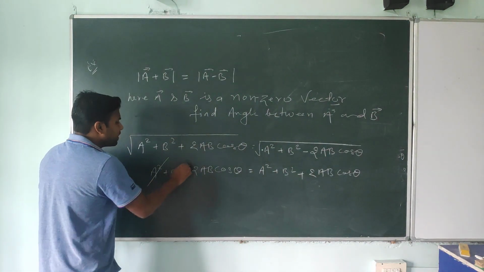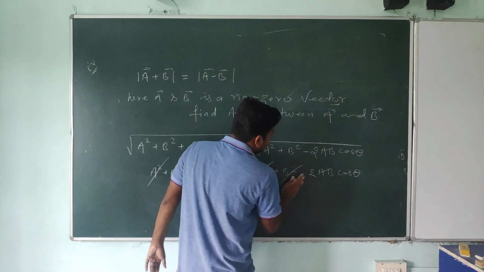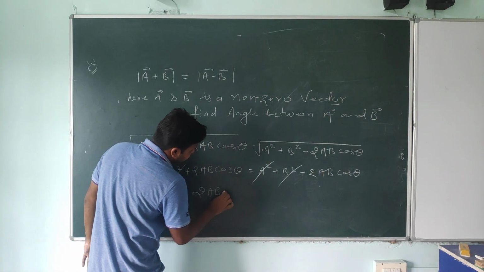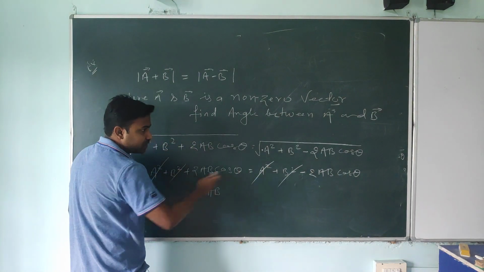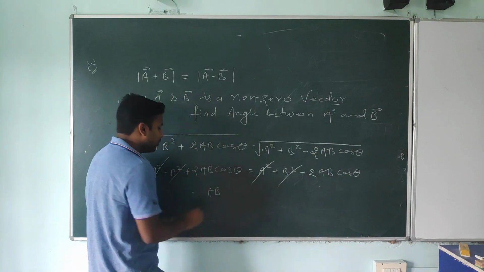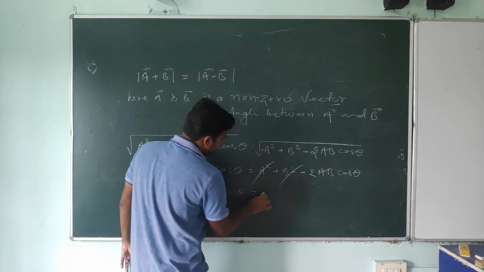Now A square and B square will cancel out. If you take this one to this side, it will be 4AB cos theta, and this is equal to 0.